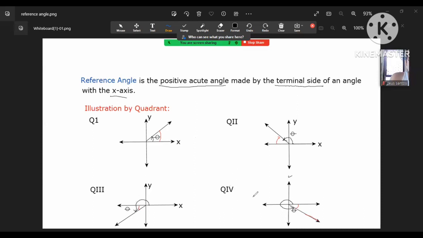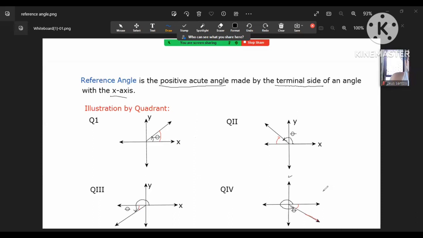Now, kapag nasa quadrant 4 naman, paano natin kukuhanin to? Kailangan tanggalin naman natin to. Now, one complete rotation is 360. So, from 360, tatanggalin ko yung theta, meaning that would be 360 minus theta. Okay? So, ganun lang ang pagkuha ng measurement ng reference angle.